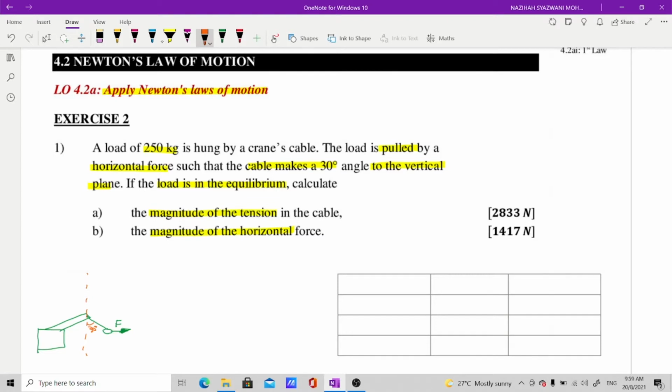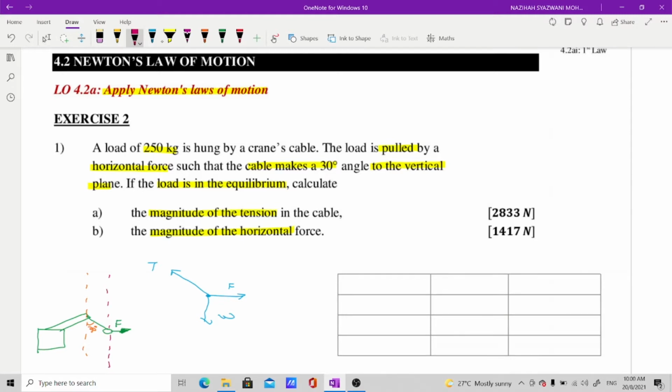Now let's draw the free body diagram of the load. I am going to represent the load with a dot. Obviously the load is experiencing the horizontal external force. The load is on Earth, so it will have weight. And we have another one here, the tension. To determine the angle, let's draw the y-axis here.